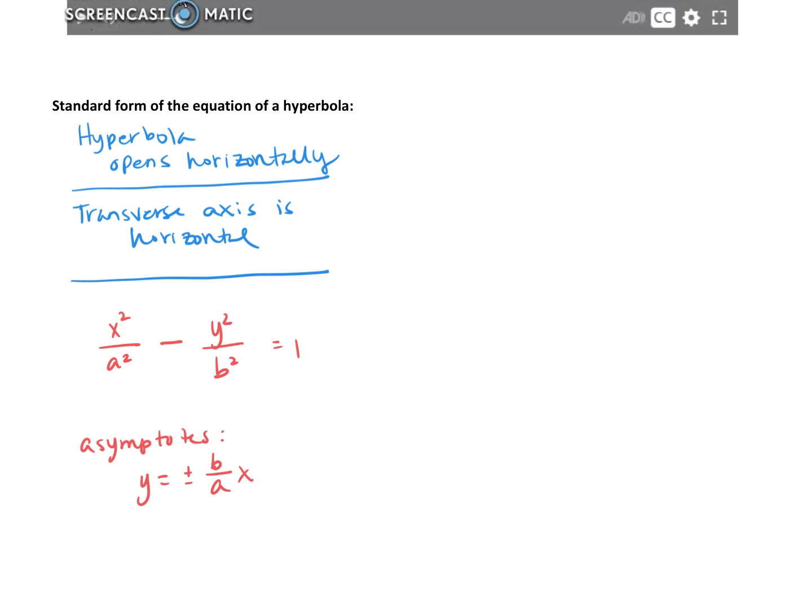Okay, if your hyperbola opens vertically, that means the transverse axis is vertical.